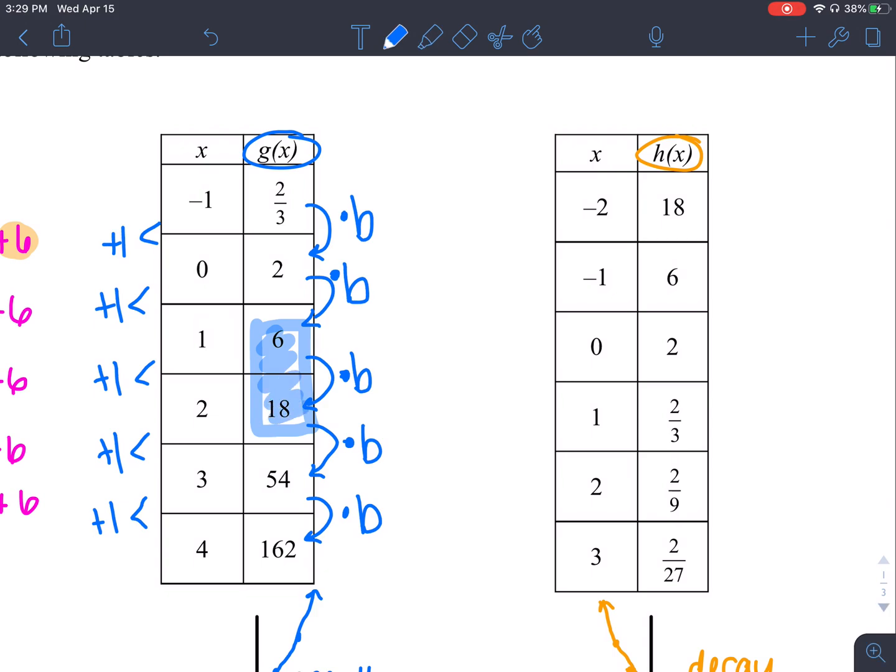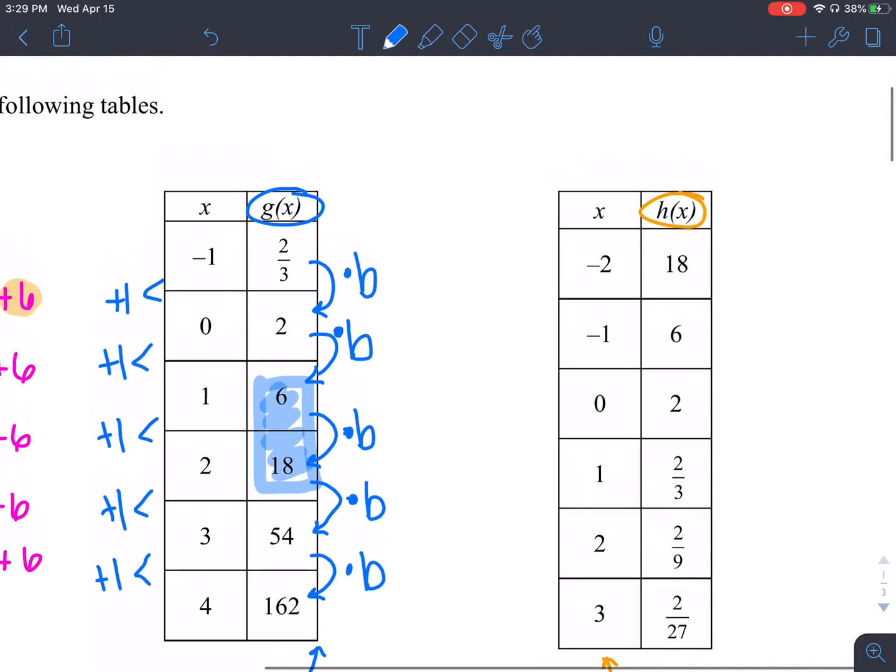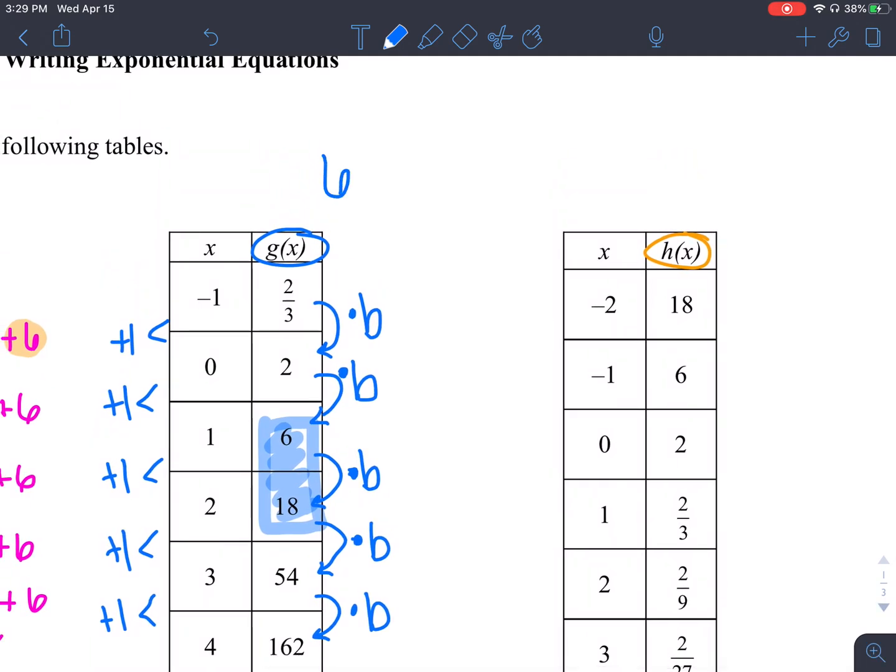Some of us will feel really confident with just looking at that and saying 6 times what number is 18? We know the answer is 3. But some of them are going to be a little more challenging, and I want to give you another structure to use. So another thing we can say is 6 times b, the base, equals 18. And then we're just back in pre-algebra land, and we solve for b.